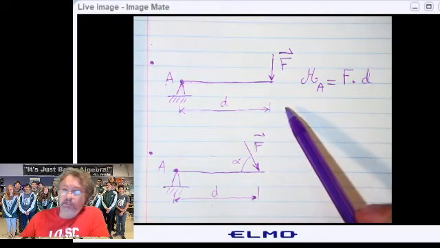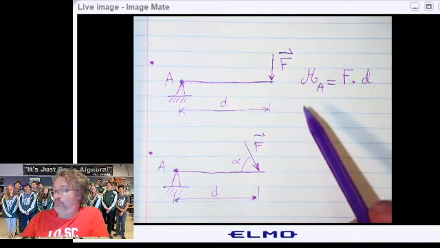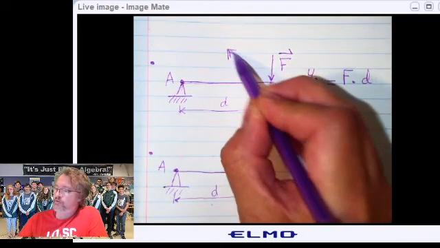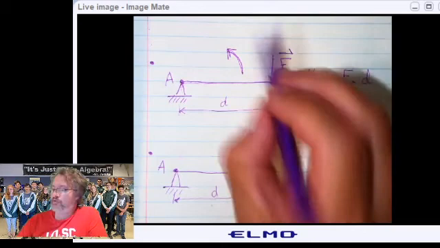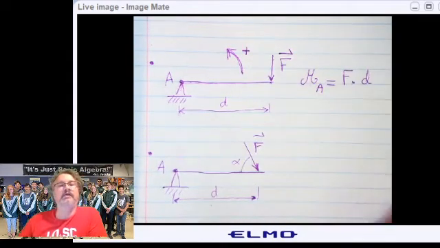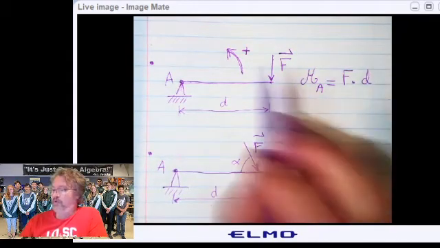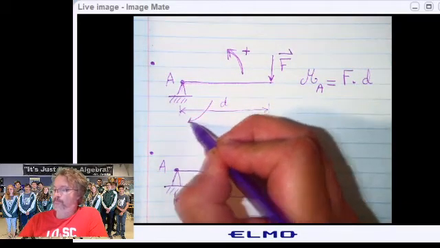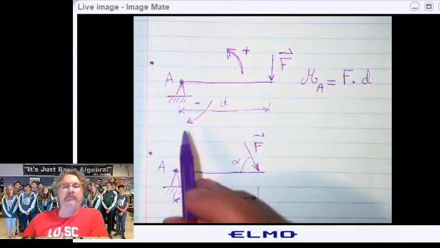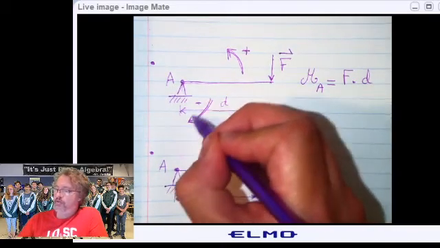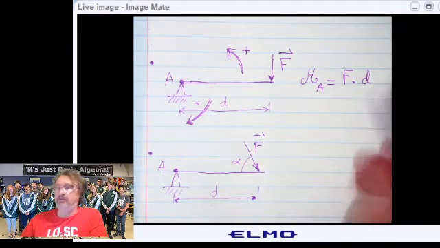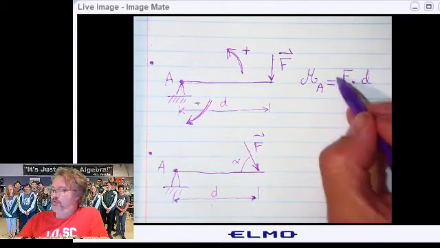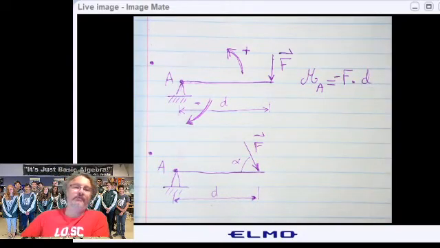And you can associate a positive and a negative sign to those if you want, but by convention, when we go counterclockwise, we're going to associate a positive sign to the moment, and we are going to associate a negative sign to the moment when we go in a clockwise direction. So this obviously goes into the clockwise direction, so this moment will have a negative value.